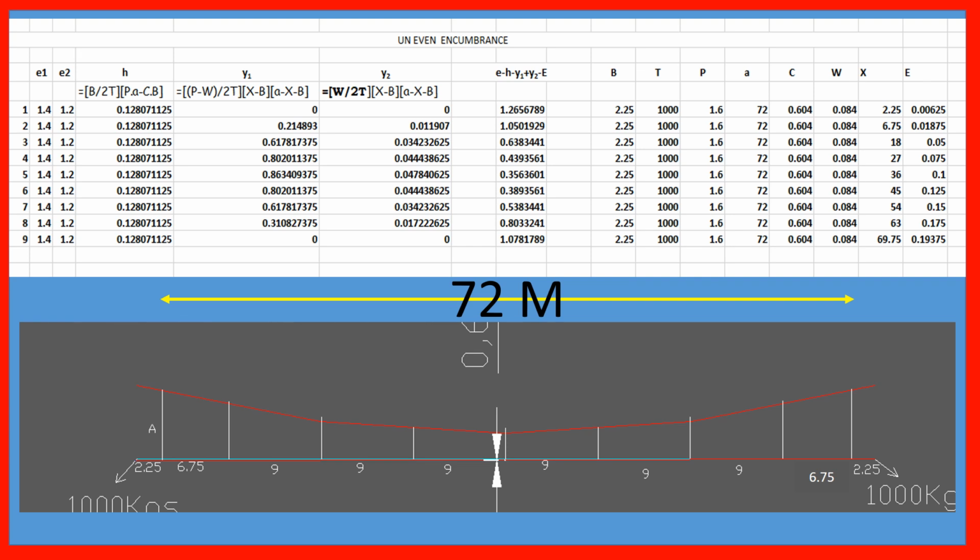So I have shown the even encumbrance, the uneven encumbrance, and the changing case of span. So almost it is over. Try to understand it. This is required where uneven span is there. At that time the dropper length is to be calculated.